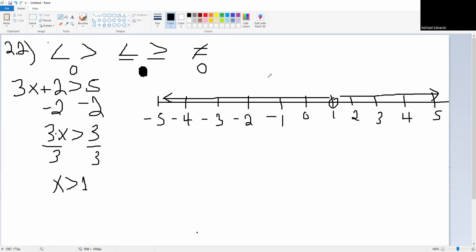Now, this is where you write your interval. This will help you write your intervals. This is going out to infinity, so negative infinity, this is going to 1. And it's not equal to, so it is just a regular brace. This is a regular brace at 1 here, and it's going out to infinity.